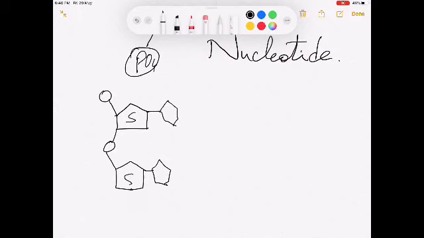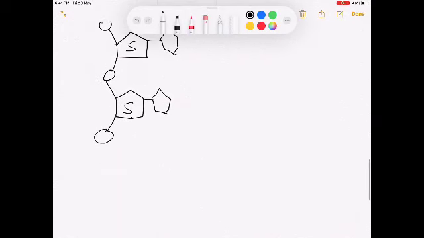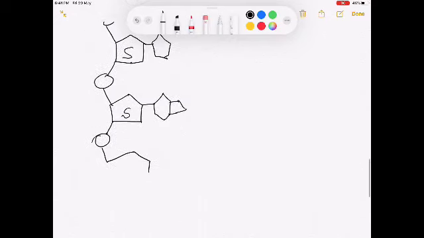Then one more we can make, phosphate, and then sugar, and then we can make this type of structure. One more we can add, phosphate, sugar, and 4 nitrogenous bases we have attached.